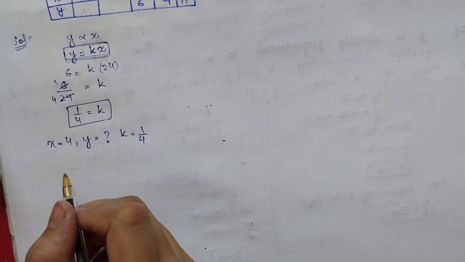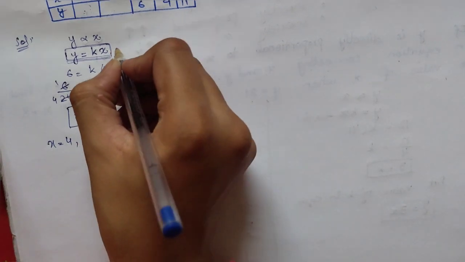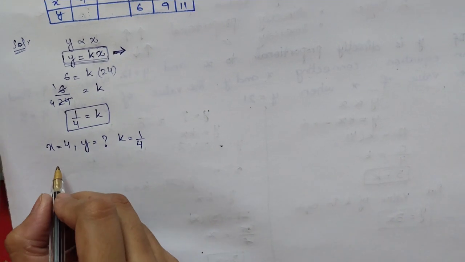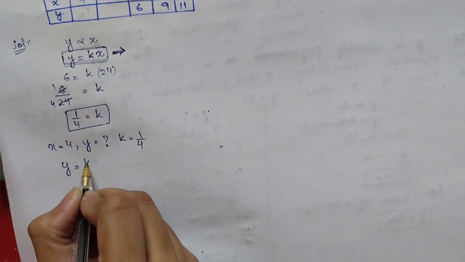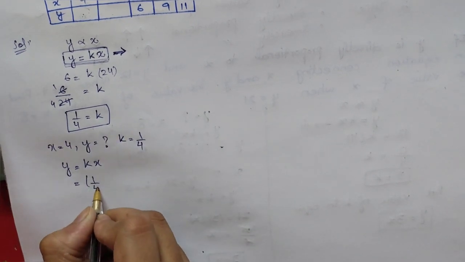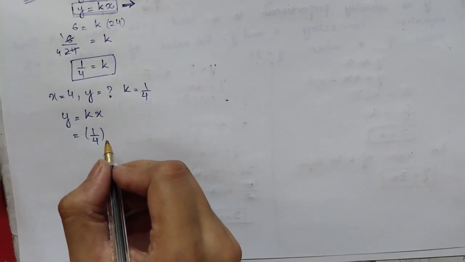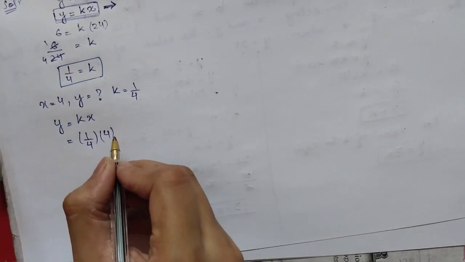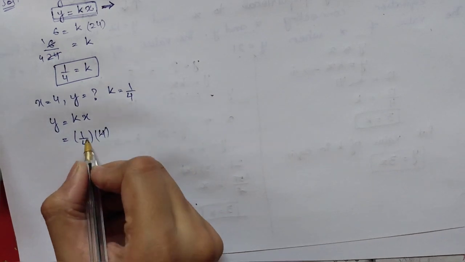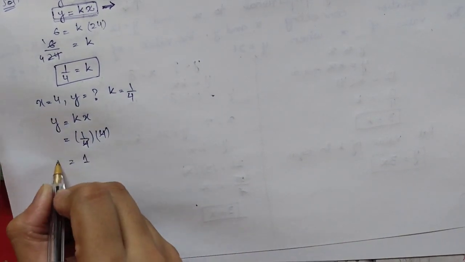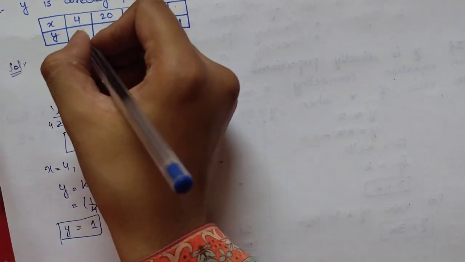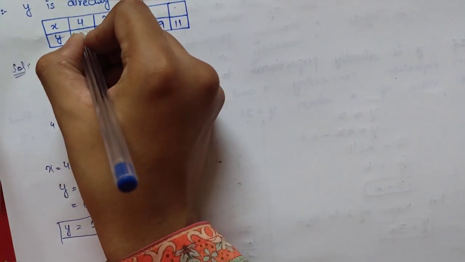These are your values. Put them in the equation, which is this. This is your equation which you have to use every time. Y is equal to k of x. Y value is unknown, k value is 1 over 4, x value is 4. X is multiplying and 4 is in the denominator dividing. So 4 cuts 4 and it becomes y value 1. So put it in the table, y value is 1.